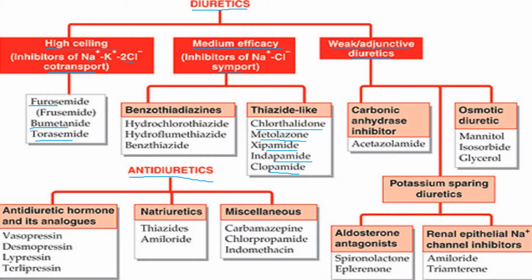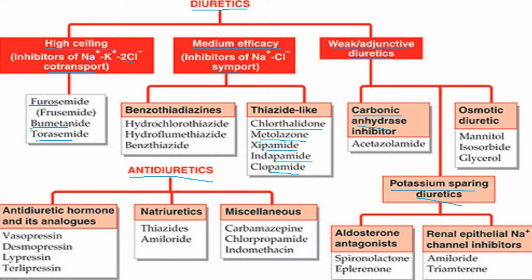Now we'll talk about the weak or adjunctive diuretics. They again divide into three subclasses. First is the carbonic anhydrase inhibitors, which includes acetazolamide. Second is the potassium sparing diuretics, which divide into two subclasses.